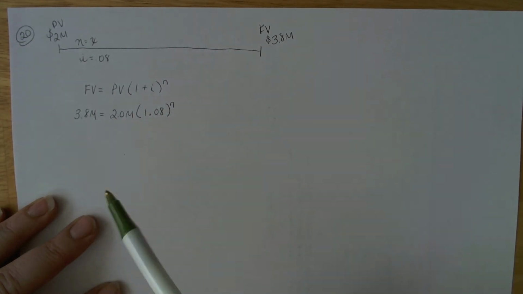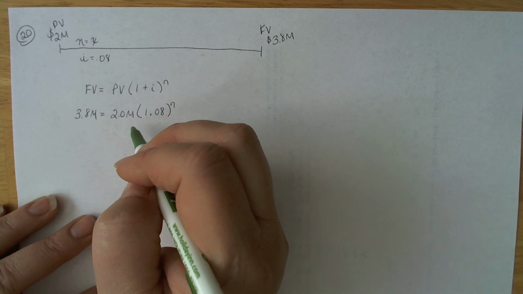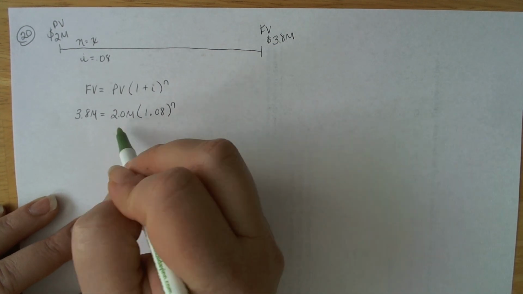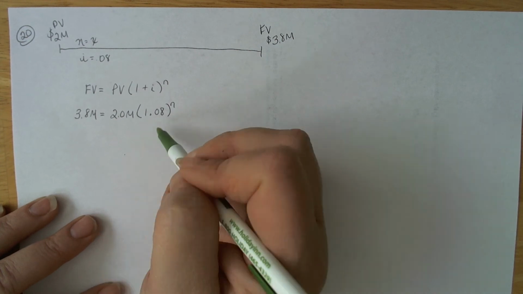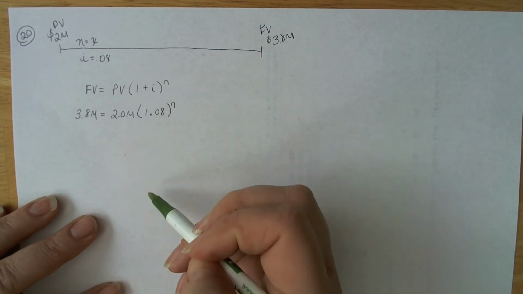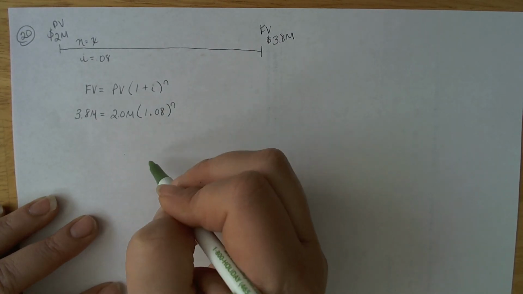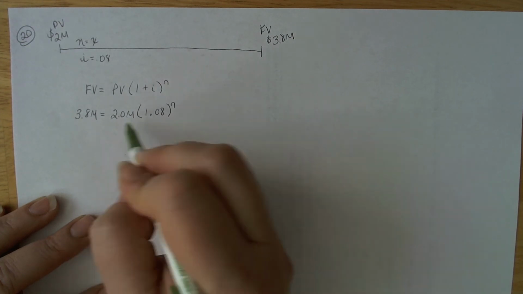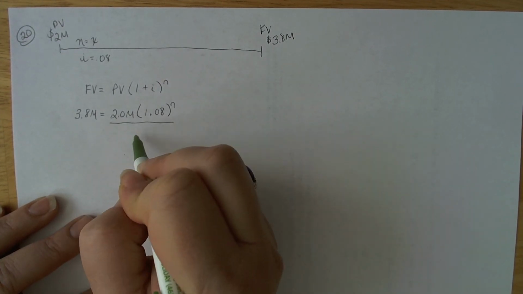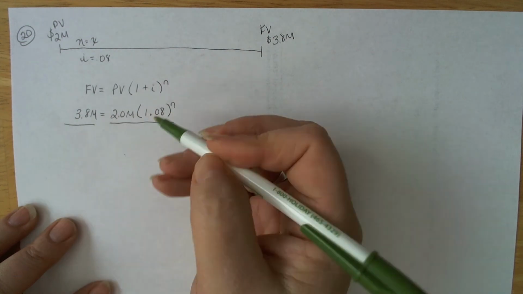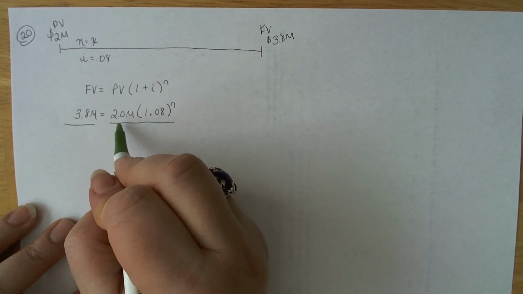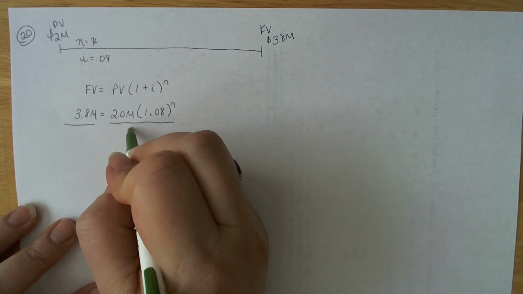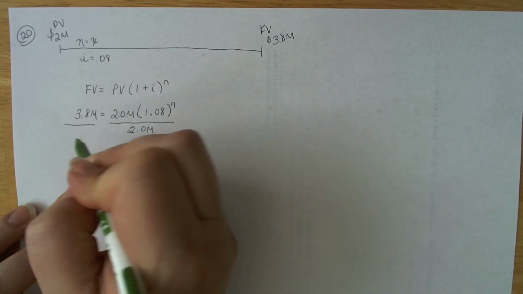So the first thing that I would recommend that you do, and the book may set this up a little differently, but I'm going to walk you through this, and this is proven true through years of working these types of problems, that it's equally effective in getting the right answer. So we'll just step it through, okay? We're going to use natural log to do this, and the first thing I'm going to do to get n by itself is divide both sides by $2 million.